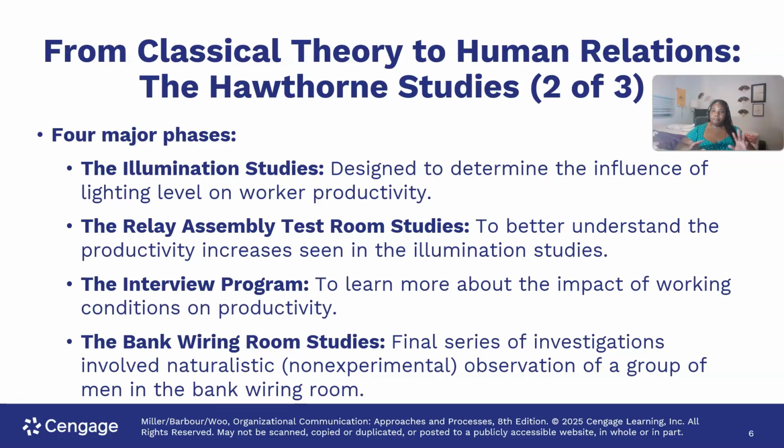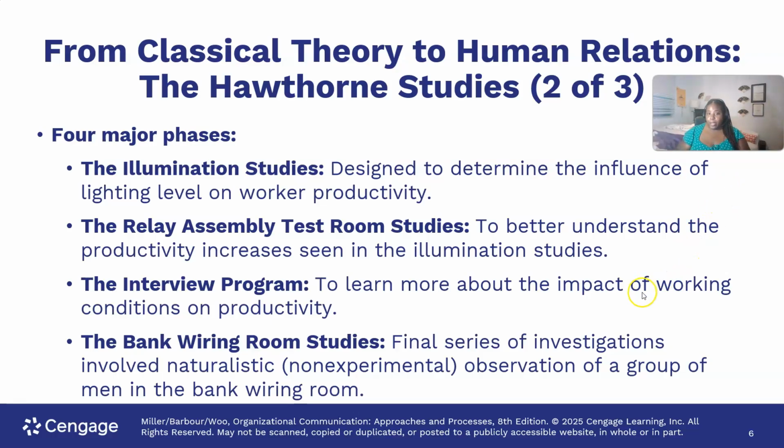So when you think about the initial Hawthorne studies, they were trying to figure out whether dimming the lights or making the lights brighter had any impact on increasing or decreasing productivity at all.